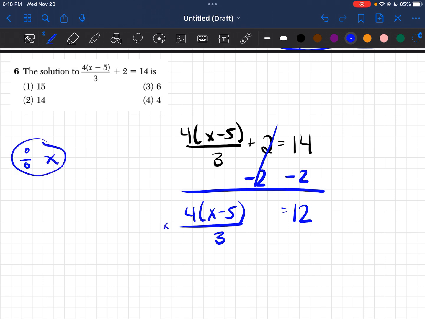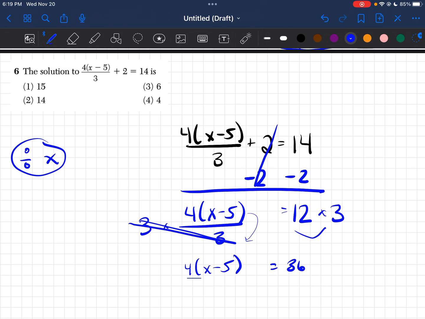So I'm going to multiply both sides of the equal sign by 3. So if I can cancel those, and 12 times 3 is 36. I'm going to bring all of this down. I have 4 times x minus 5.